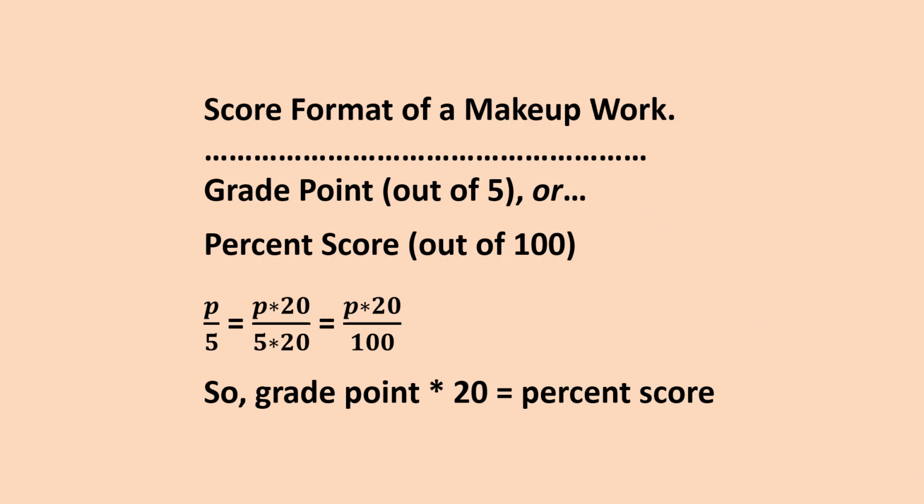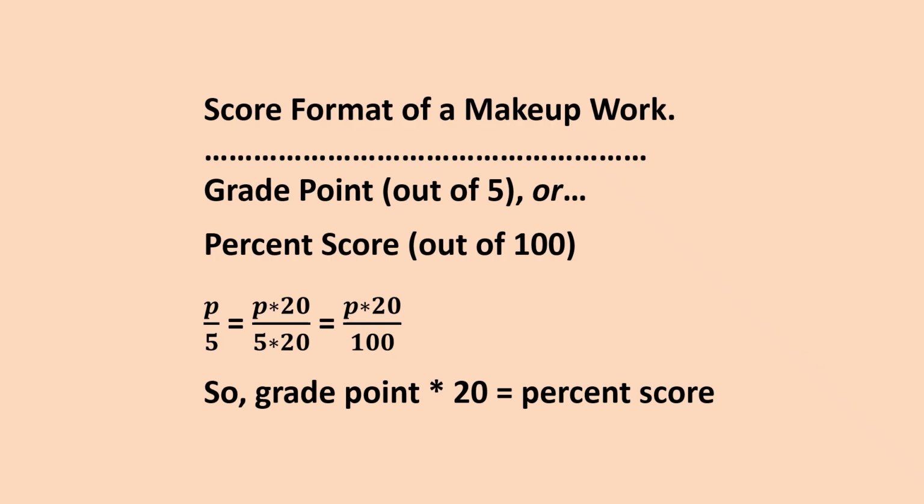So, if P is your grade point out of 5, P may be 4.2, 4.3, 4.0 out of 5. Multiplying by 20 will give you a percentage.